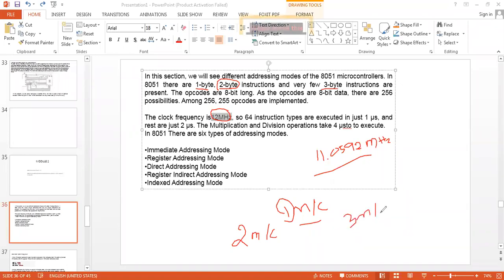So what is this machine cycle? A machine cycle is 12 clock cycles. One machine cycle is 12 clock pulses, right?